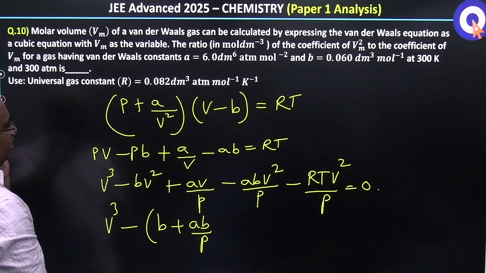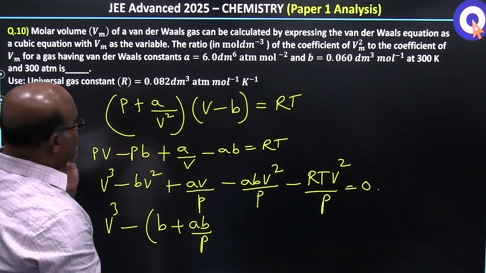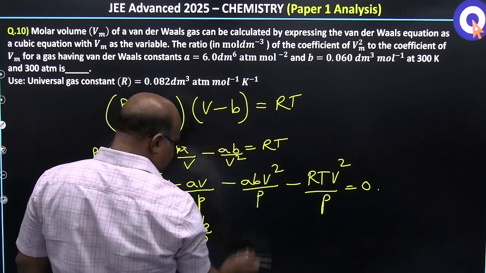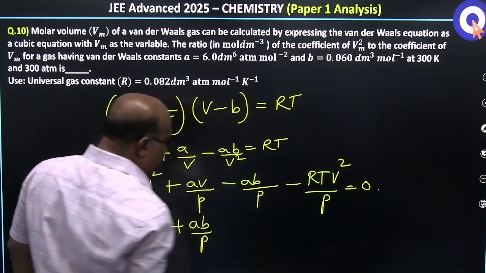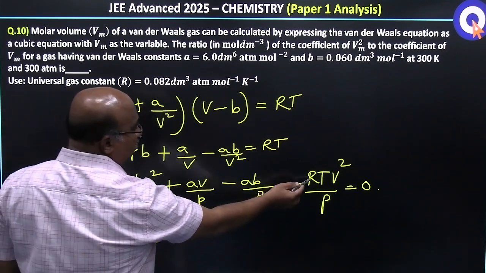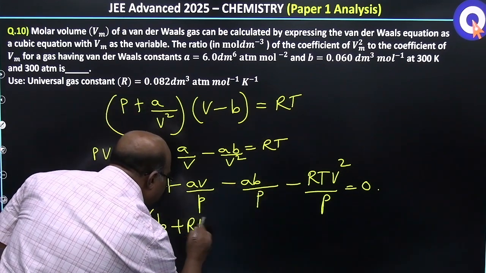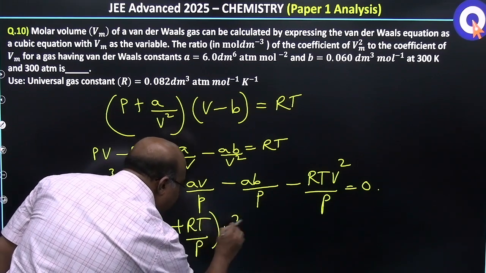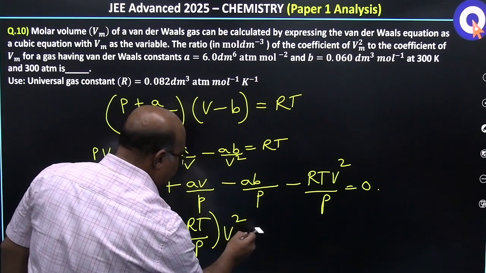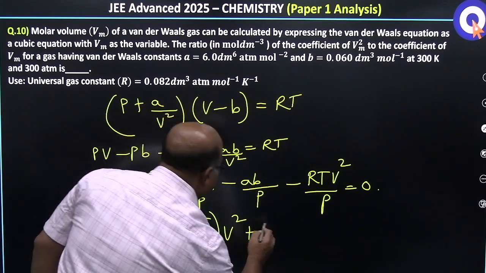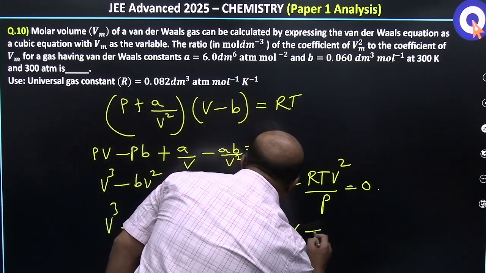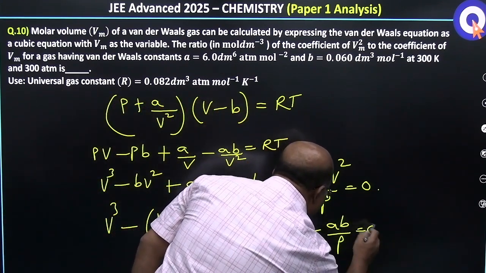Sorry, this is AB by P, so the V square term is not there. This is now RT by P into V square. This part will be plus A by P into V. This is anyhow like a normal constant, AB by P is equal to 0.